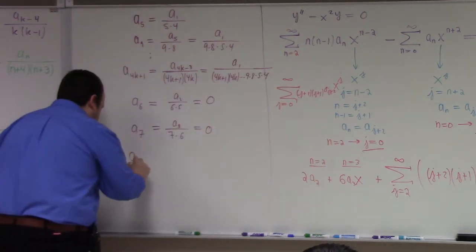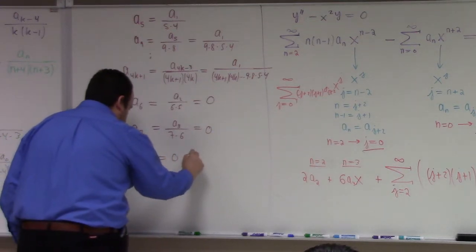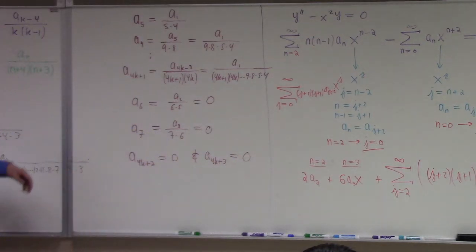And by the way, a sub 4k plus 2 is equal to 0, and a sub 4k plus 3 is equal to 0 for all k, by very similar arguments to the one I gave you, because there's this fourplicity that they're connected by, by 4. If A2 is 0, that makes 6 and 10, 14, 18, and on up the line 0. And likewise, the fact that A7 is 0 makes 11 0, makes 15 0, makes 19 0, makes 23 0, and so forth and so on.